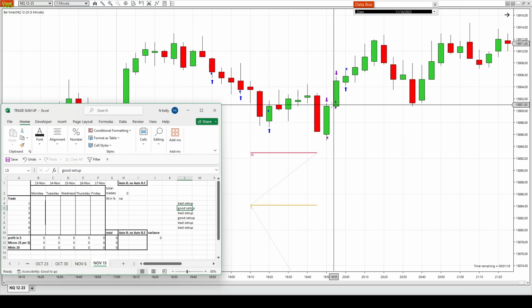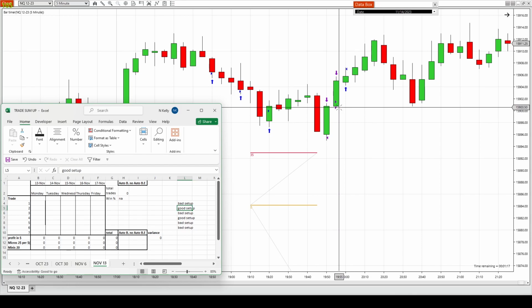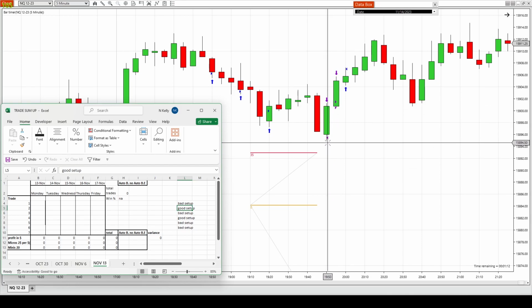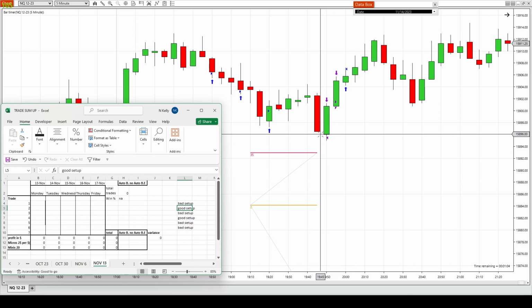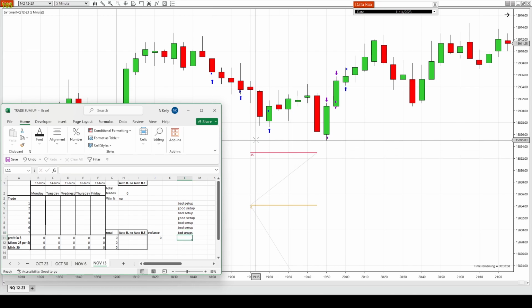Once I do see it going down though, I do try to get an entry on the pullback. But again, with this guy too, terrible setup, because again, the wick is longer than the prior candle. So overall, just bad setups.